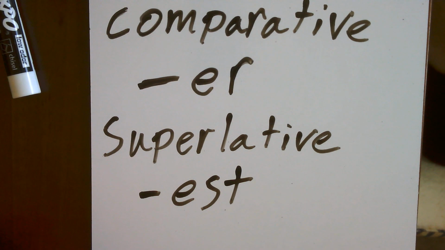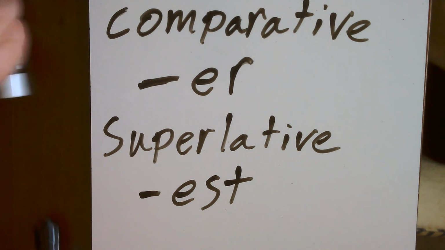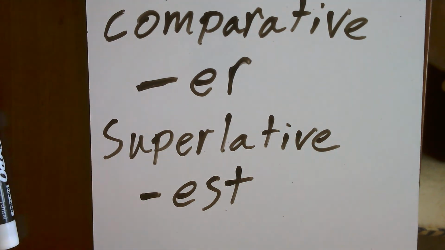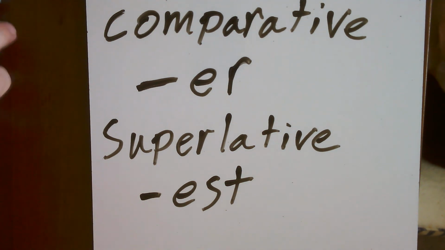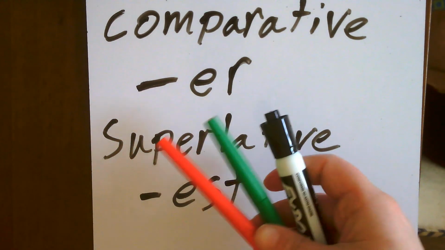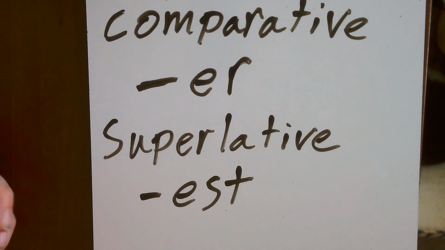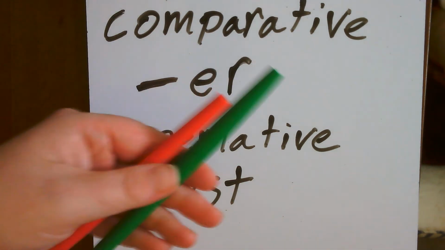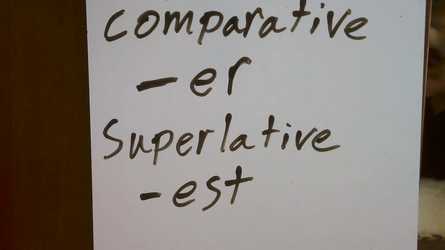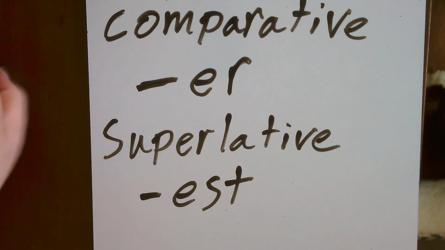If you are going to be comparing two things, you're going to use ER at the end of the adjective to show which one is the smaller or the bigger. If you're going to be comparing three or more things, you are going to use EST to show which one is the biggest. Which one, well, we don't have one that's the smallest because these are the same size. But which one is the smallest? Okay?